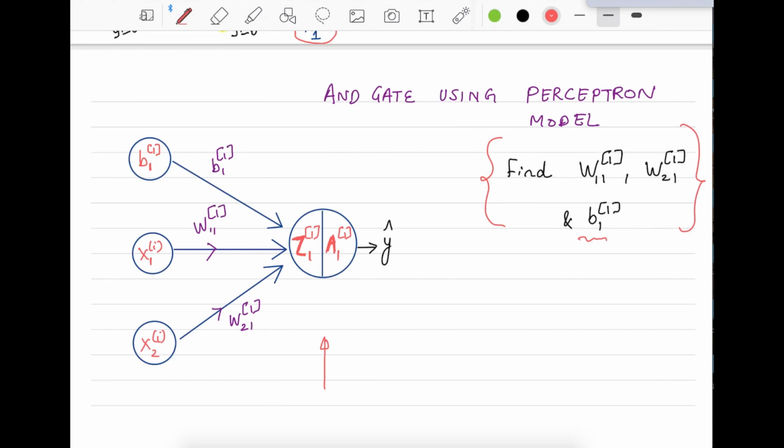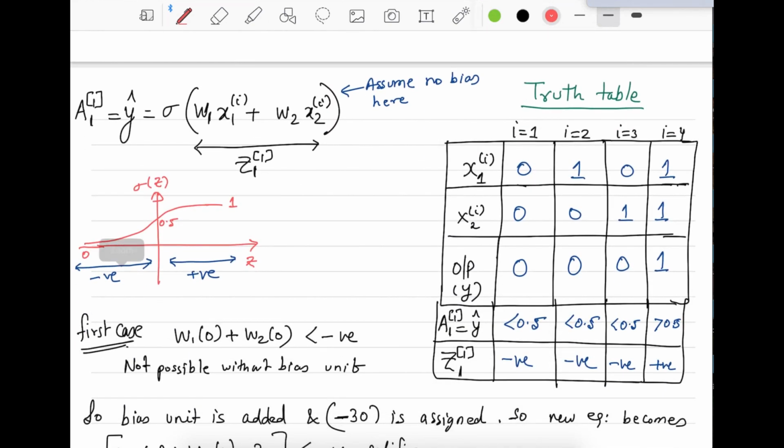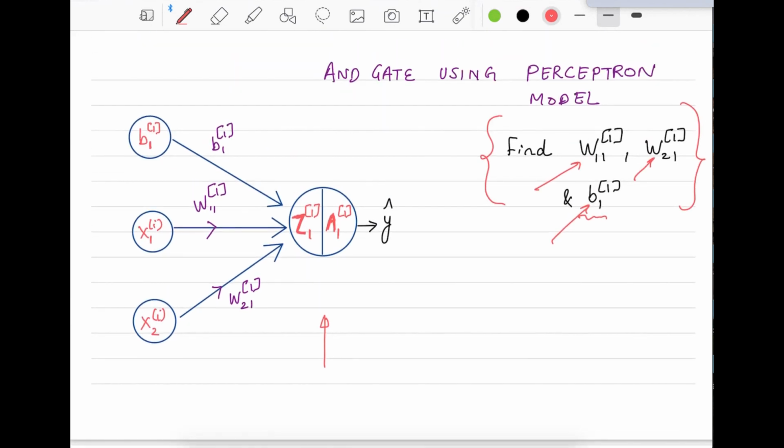So let's discuss how to find these weights and the bias. Let us say that for the time being we don't have a bias, and we have only these two inputs.